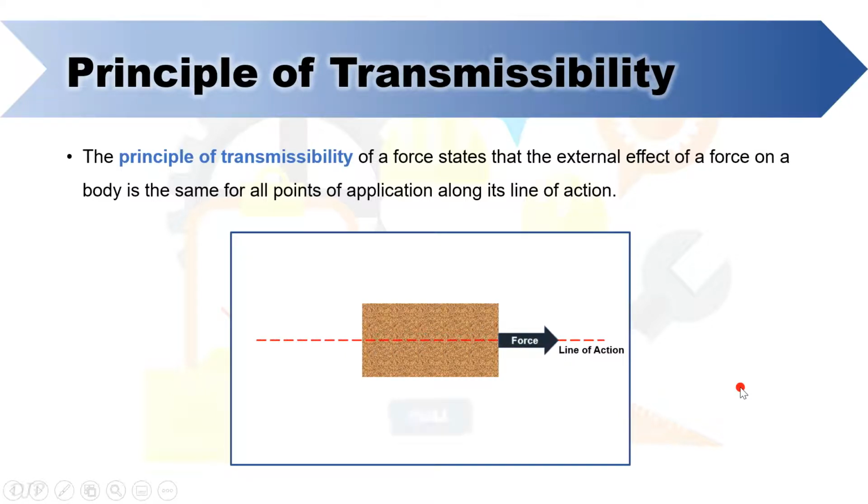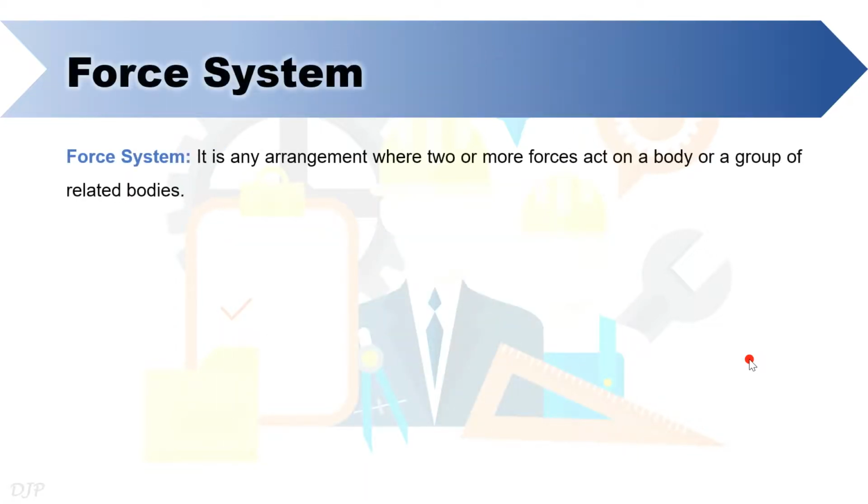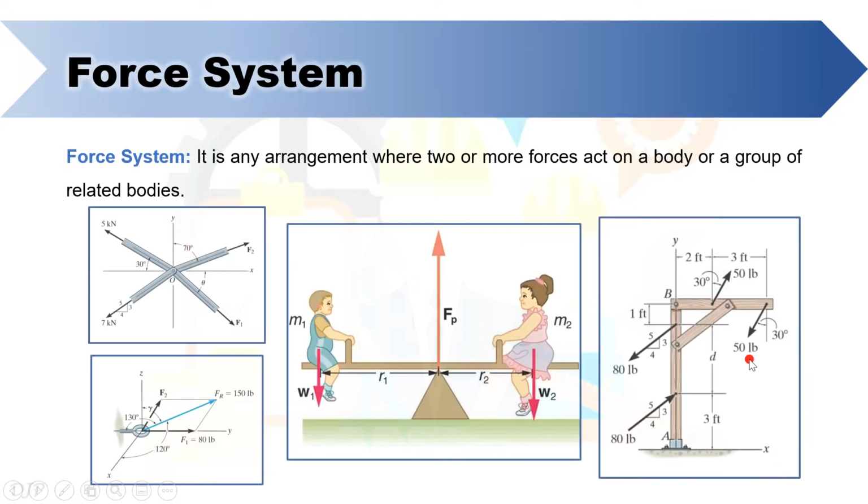With the knowledge about the concept of force and this principle, we can now extend to situations in which multiple forces are involved. The setup of several forces acting on a body is called a force system, and these are some of the situations of how force systems look like during analysis.